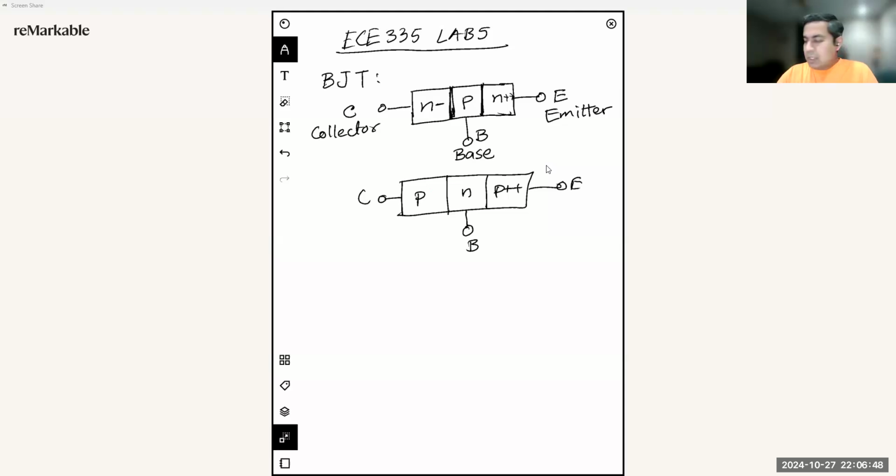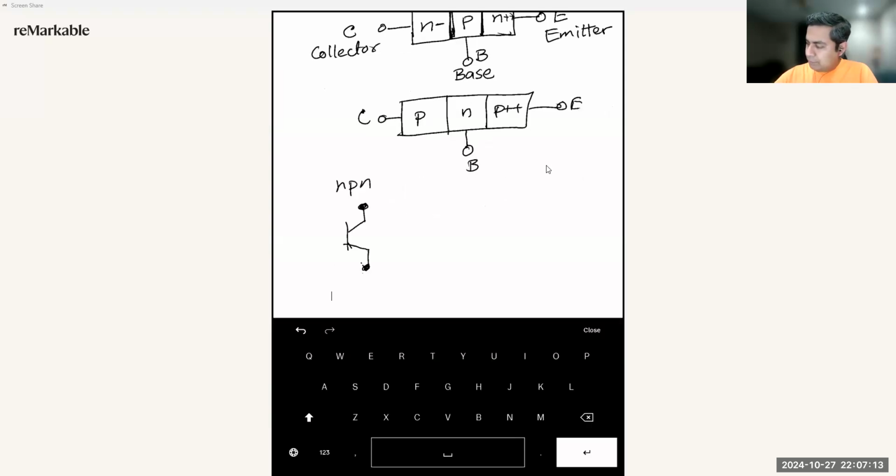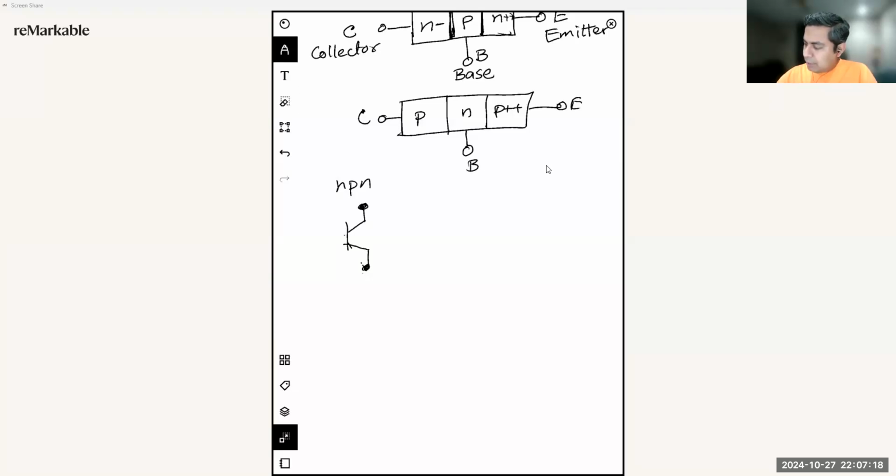Okay. So in terms of circuit symbol, usually the NPN transistor is denoted in this manner, and these are the three terminals.